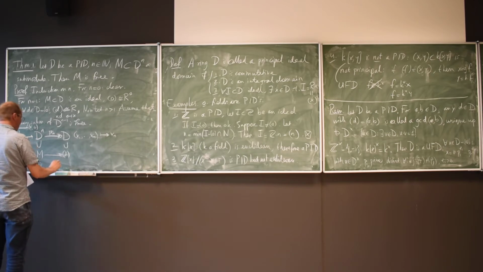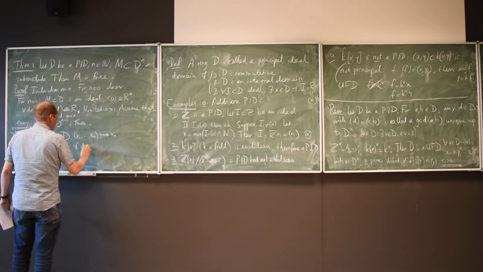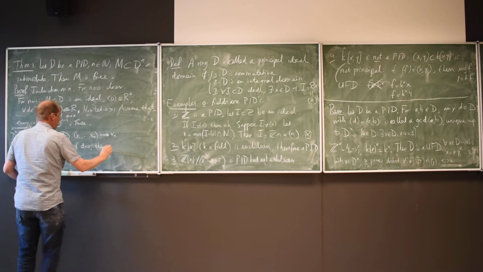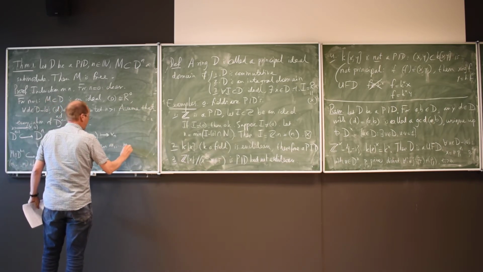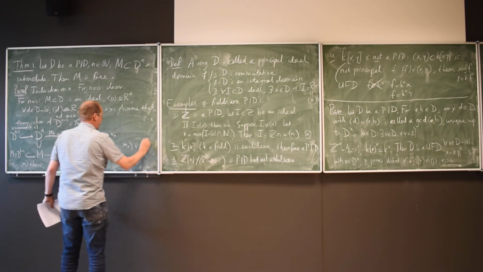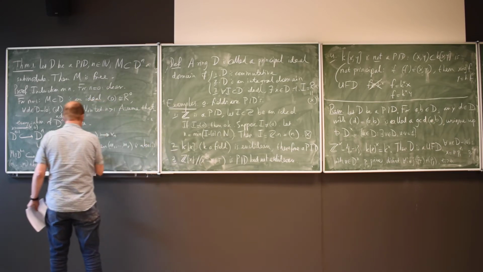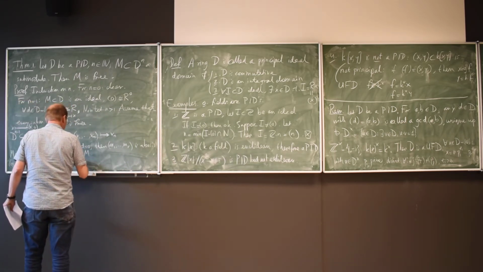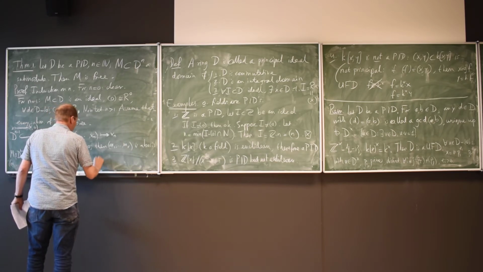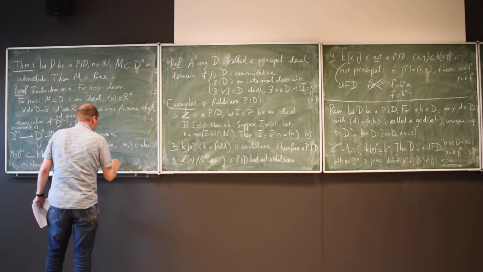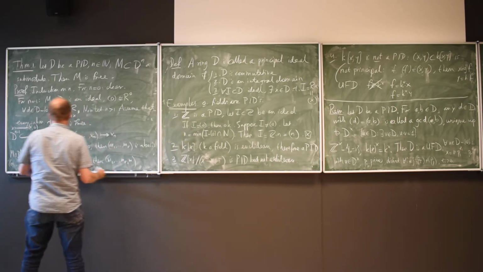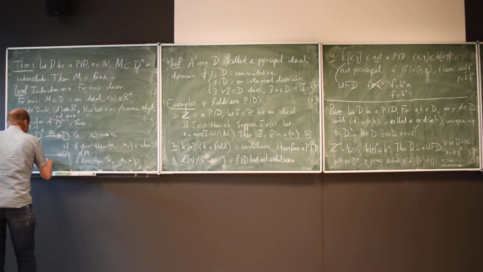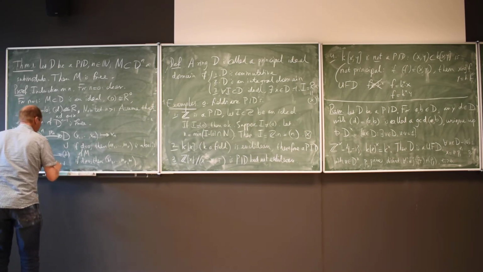Then if d is 0, this m1 up to mr is a basis of M, because M is equal to this intersection in that case. And if d is not 0, then we take m1 up to mr together with an m, where I take an m in here whose image is d.